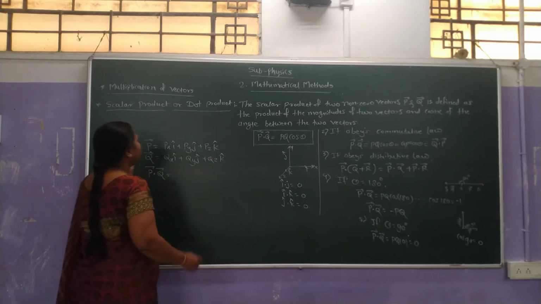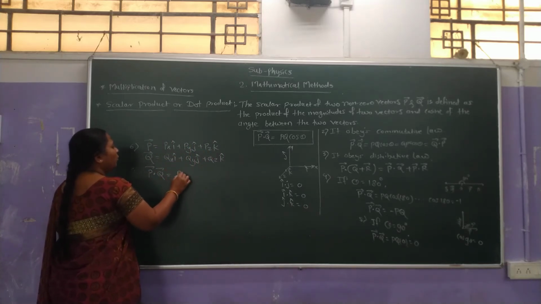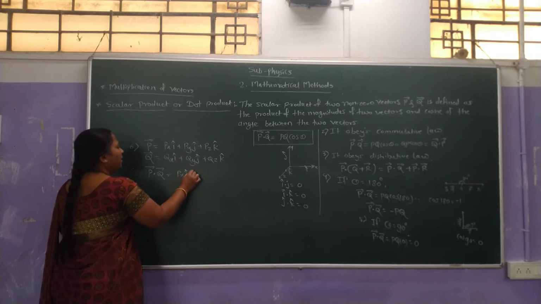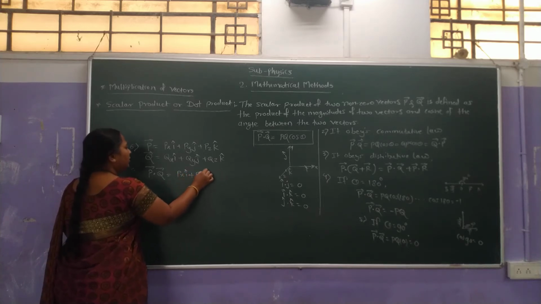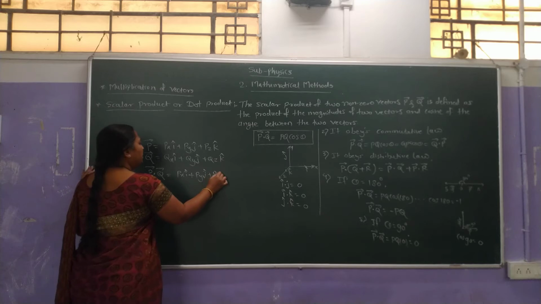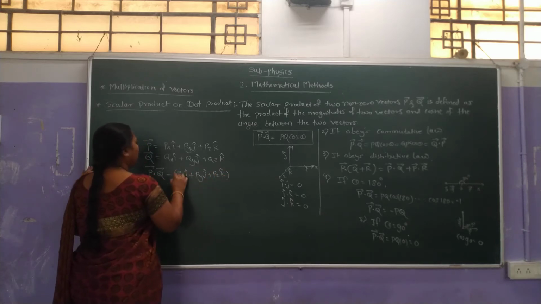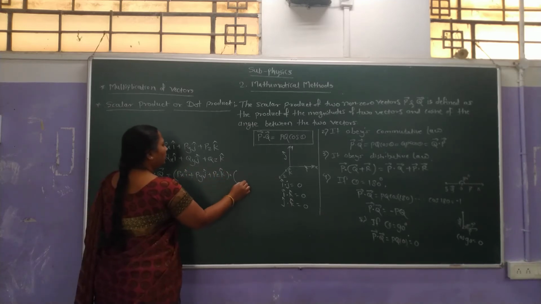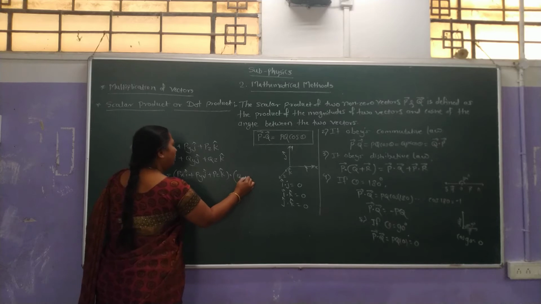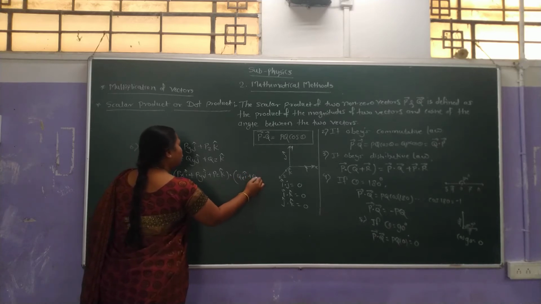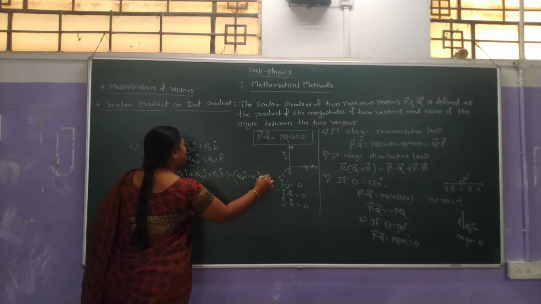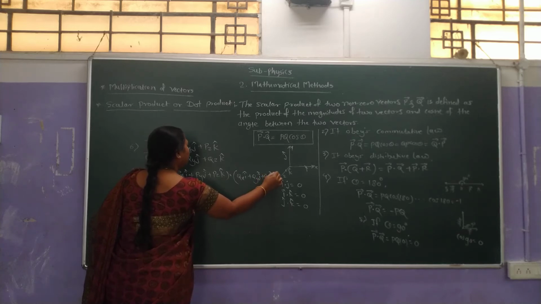Then calculate: px i vector plus py j vector plus pz k vector, dot qx i vector plus qy j vector plus qz k vector.